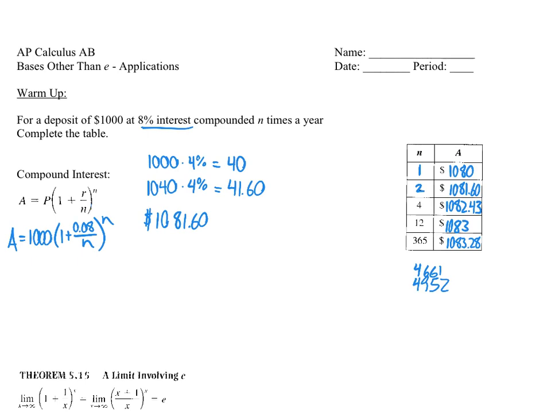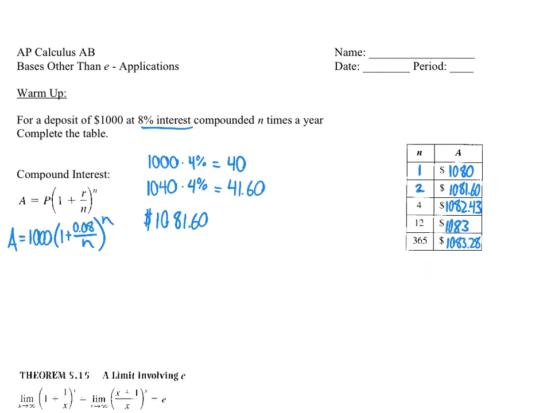So you'll see here the difference after 1 year was only about $3.28. After 20 years, the difference is almost $300. So the amount that you compound does make a difference. It just takes time to make a real significant difference.